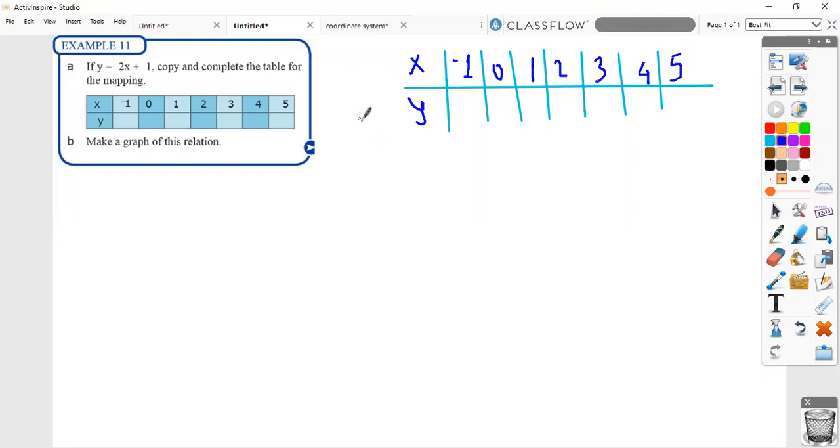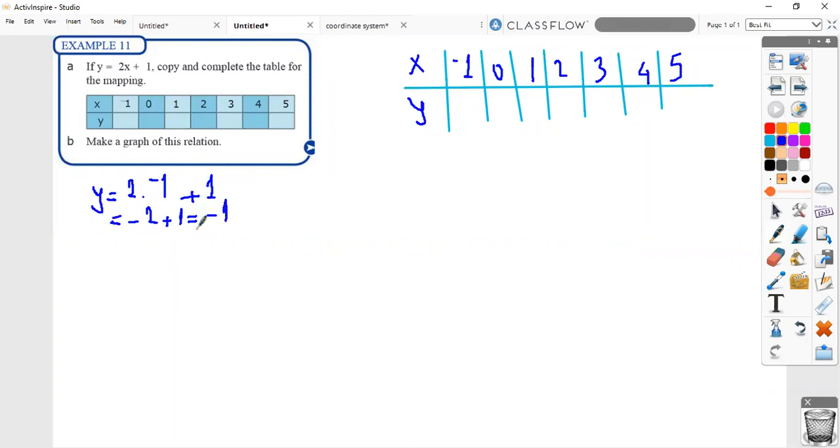Now the Y, what will be here? How are we going to evaluate the Y? It's very simple. Instead of X, we are going to replace -1 in this function. Y will be equal to 2 multiplied by -1 and plus 1. 2 multiplied by -1 is equal to -2, plus 1, and the result is -1.